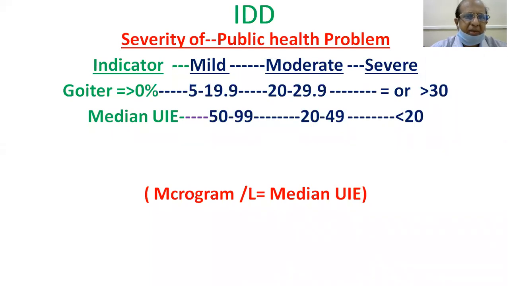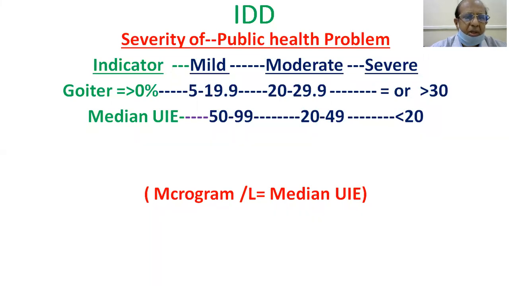For goiter, if it is 5 to 19.9%, it is mild. Moderate is 20 to 29.9%, that is 20 to less than 30. Severe is 30% or more. That is severe if the goiter enlargement is there.